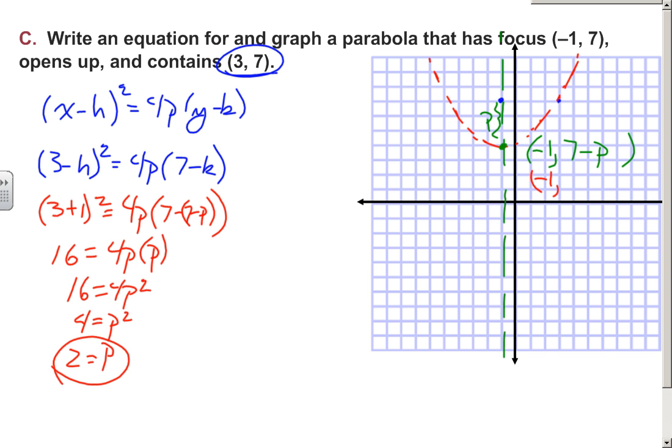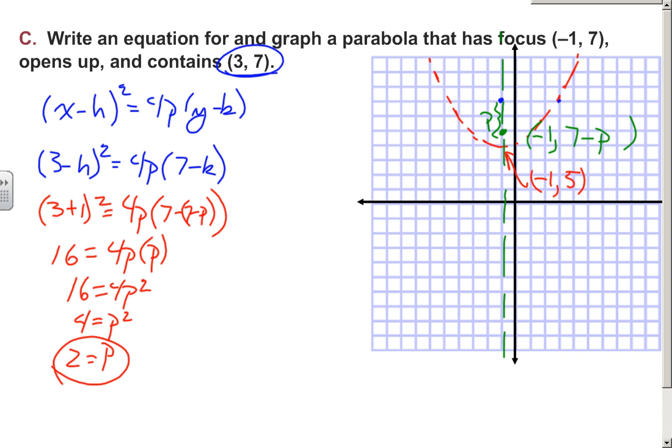It's negative 1 and 7 minus p, or 7 minus 2, so negative 1, 5 is the vertex. So that should actually be shifted up 1 from where we have it there. So there is the vertex at negative 1, 5.